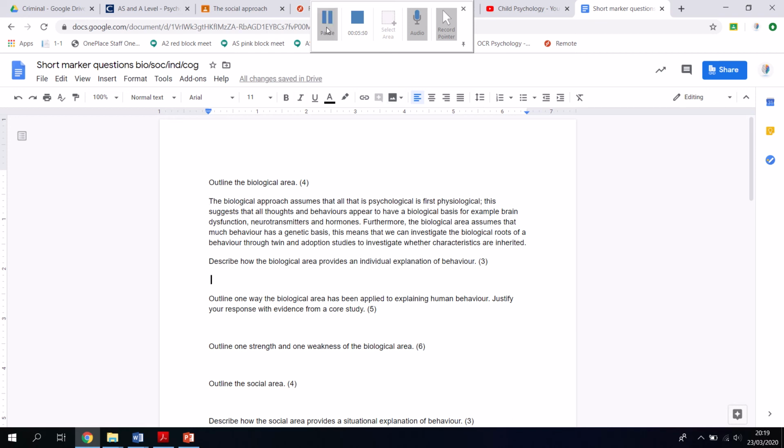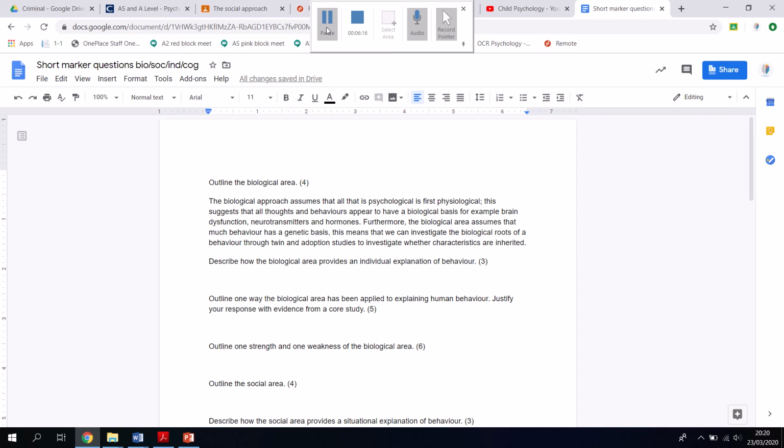Okay, this one's just a little bit different, so you're not going to necessarily get asked this for every single one, but you can get asked sometimes to outline how an area links with a debate. So I'm going to put one of these in for you to have a bit of a practice. Here it says describe how the biological area provides an individual explanation for behaviour.